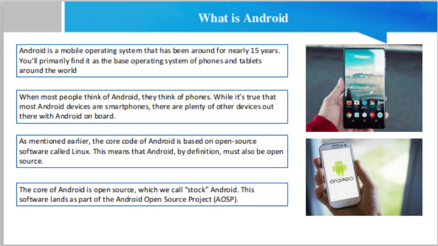Most manufacturers also skin Android, which means they create their own software that lives on top of Android. This is why the Android you find on a Samsung phone and the Android you find on a OnePlus phone function similarly but look very different. Each manufacturer maintains its own Android skin.